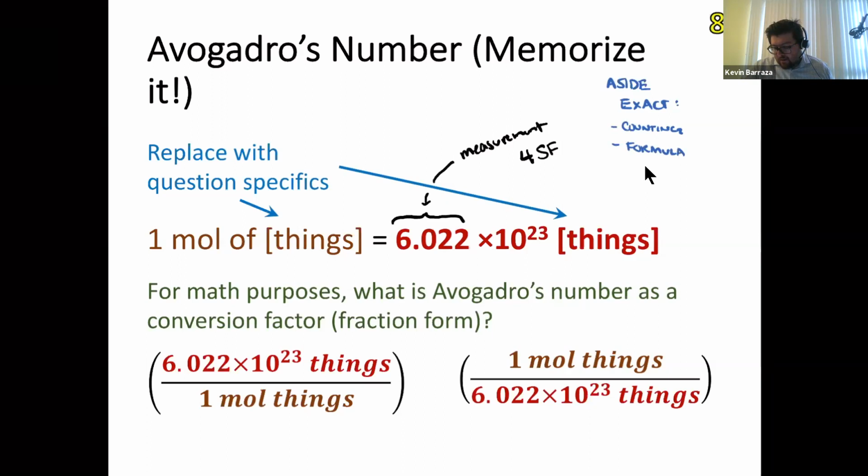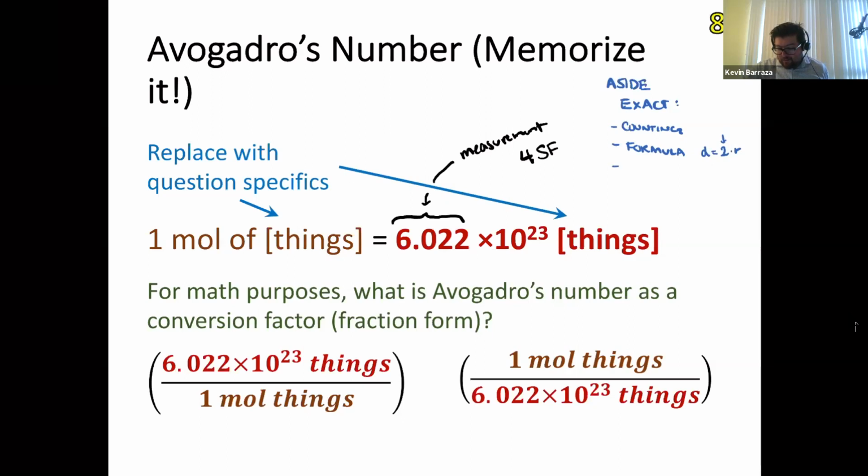Formula numbers. An example is that the diameter of a circle is 2 times its radius. This 2 is part of the formula for the diameter, so it's not from a measurement, it's from the definition of what a diameter radius relationship is.